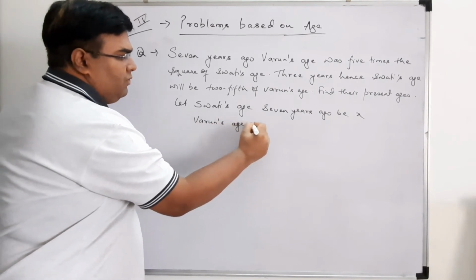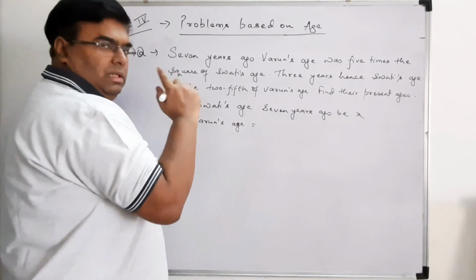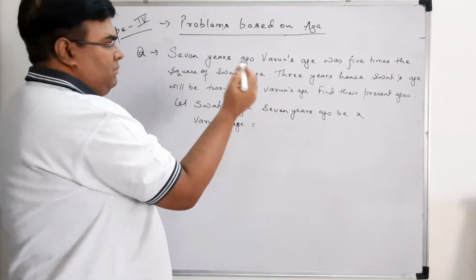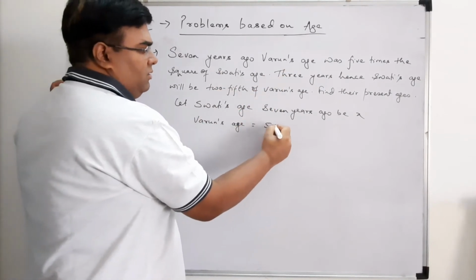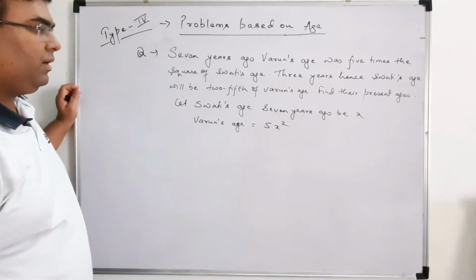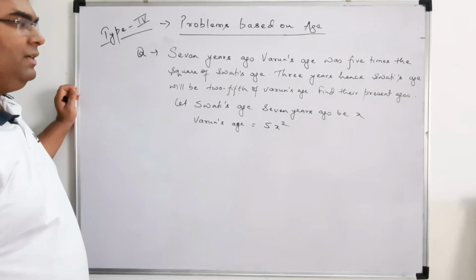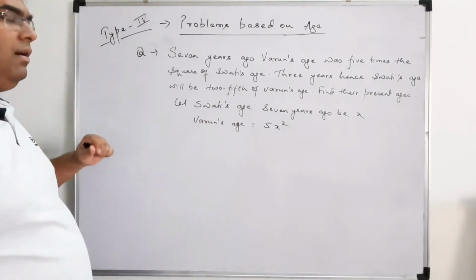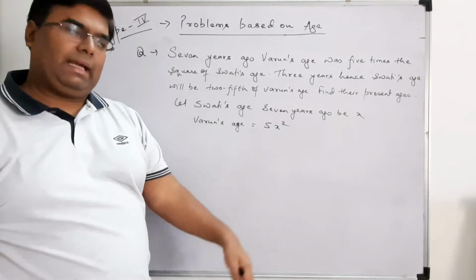At 7 years ago it was 5 times the square of Swati's age. So it will be 5x square, right? So 7 years ago we know the ages of Swati and Varun in terms of x.